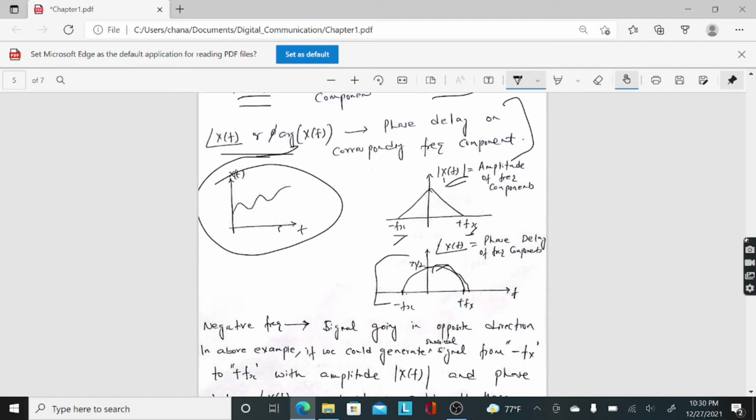So for each frequency component, the top graph shows the amplitude and the bottom graph shows how much phase delay I should apply. So in other words, if I generate sinusoidal frequencies ranging from minus fx to plus fx, with amplitude represented by this top graph, and then I apply a phase delay represented by this bottom graph, and I add all those frequency components up, I'll get back this time domain signal.